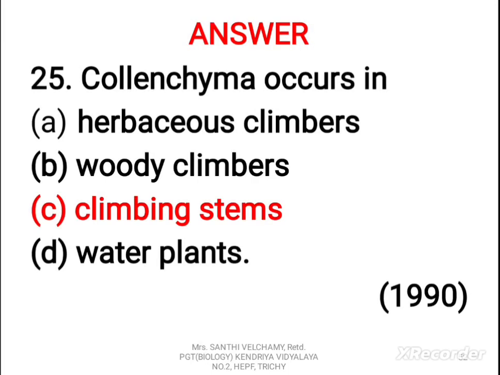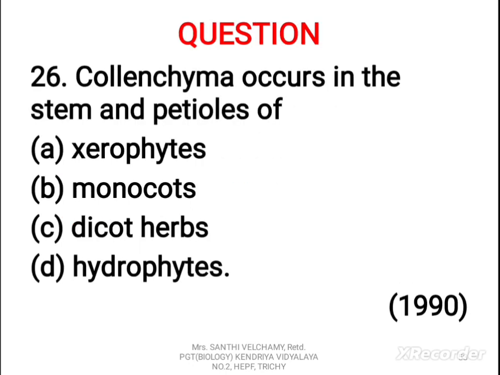The climbing stems is the correct answer. Now let us go to the next question. 26th. Collenchyma occurs in the stem and petioles of A. xerophytes, B. monocots, C. dicot herbs, D. hydrophytes. The correct answer is C. Dicot herbs.